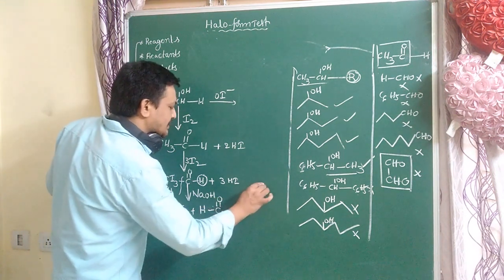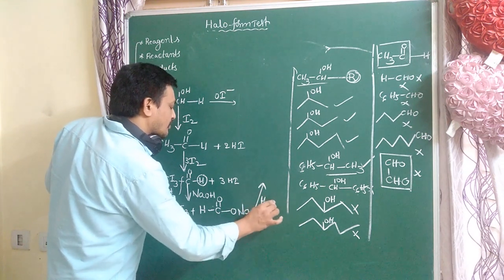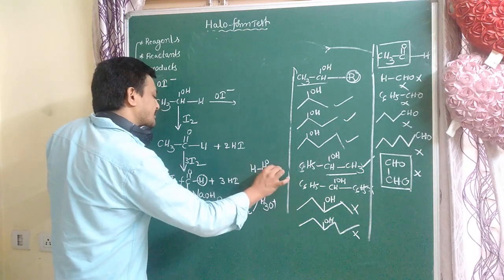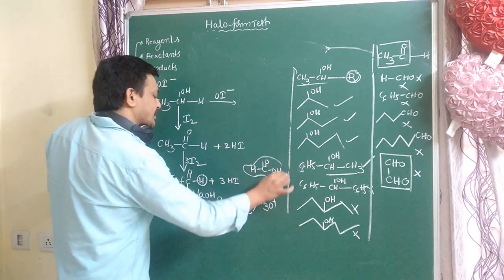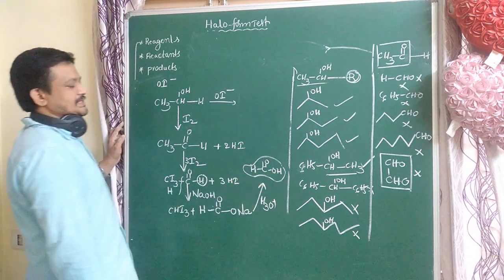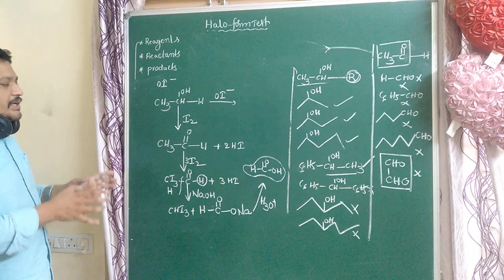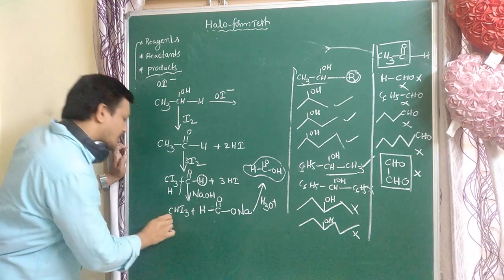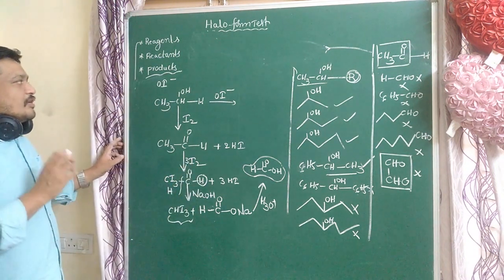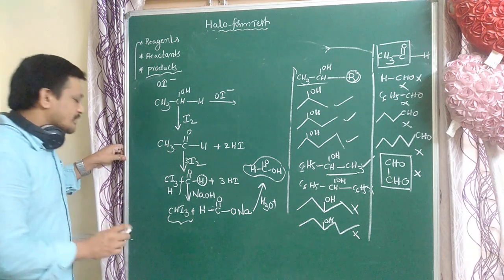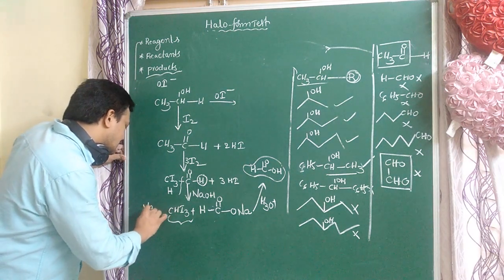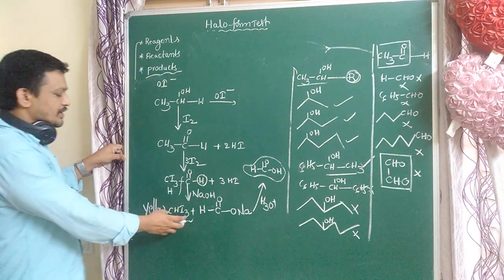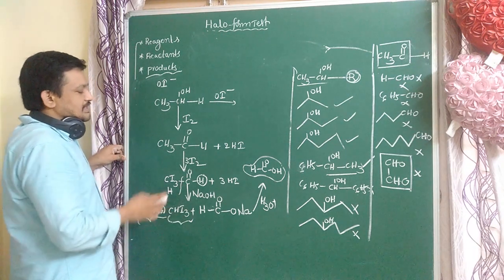Followed by acidic hydrolysis, the byproduct is converted to an acid. What is the acid, students? Formic acid. This is the Haloform reaction. In the Haloform reaction, what are the products, students? Haloforms. The iodoform reaction is a very important reaction because iodoform forms yellow crystals, a solid.